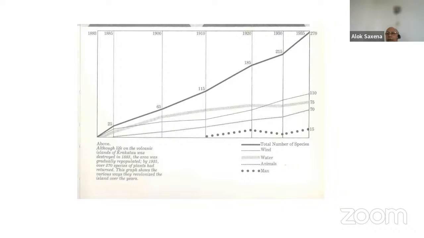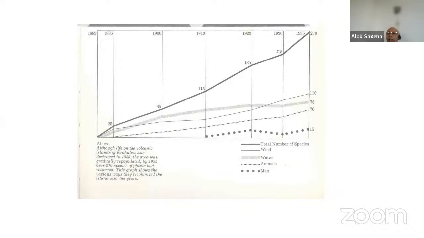There was no life in August 1883, but within 2 years, there were around 100 species of plants on those islands. And by 1935, 200 species of plants were there. And animals, bird species, I don't remember exactly. I think about 120 birds were visiting that island.